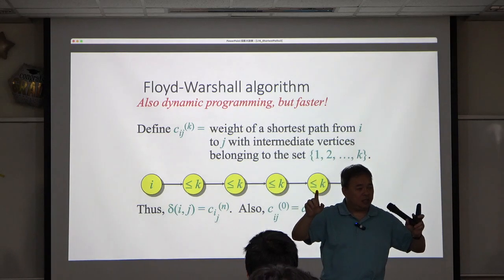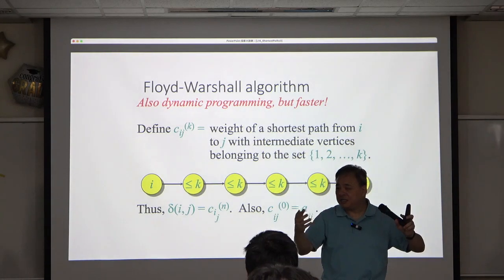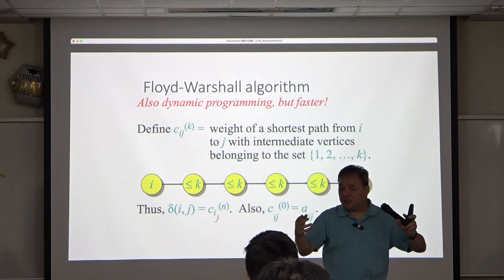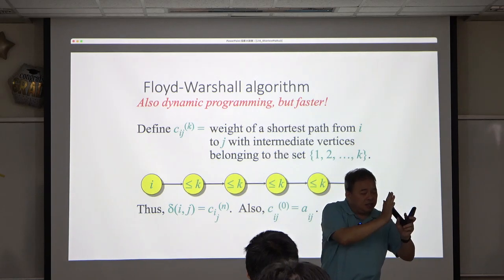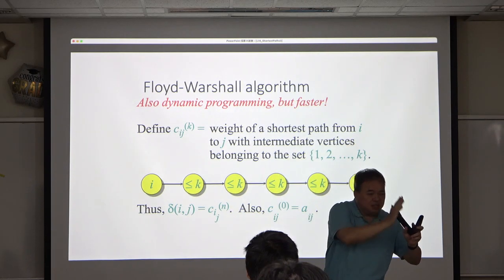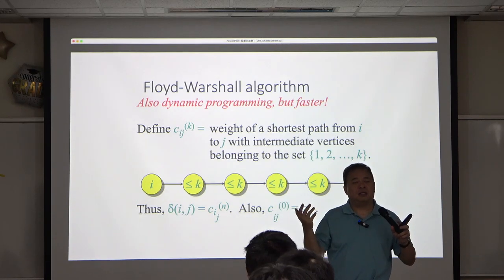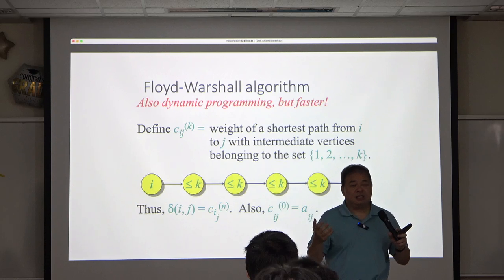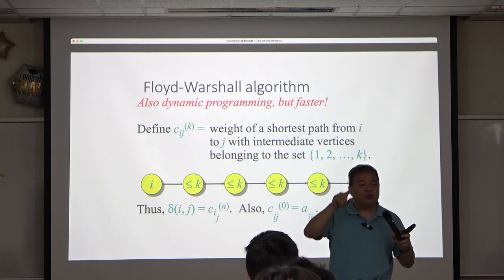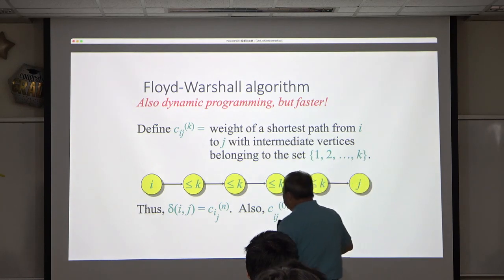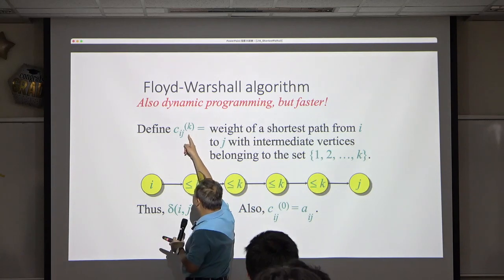Do you understand what I mean? The intermediate nodes are allowed only from node 1 to node k. That is what we mean by the k here.